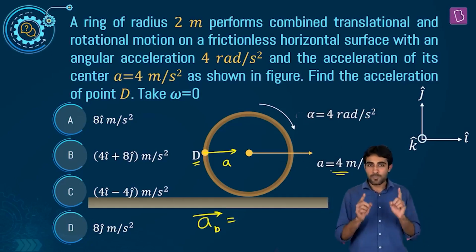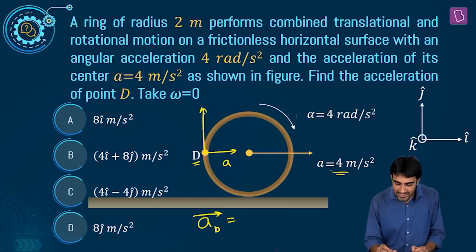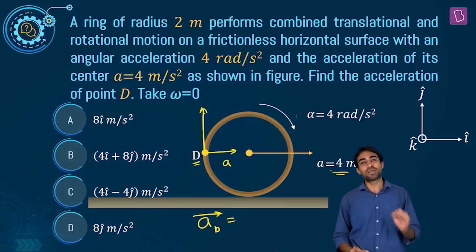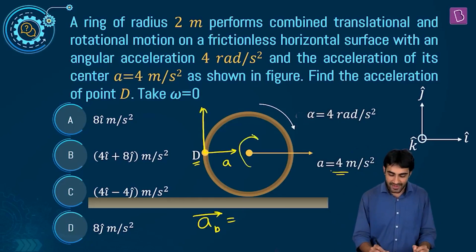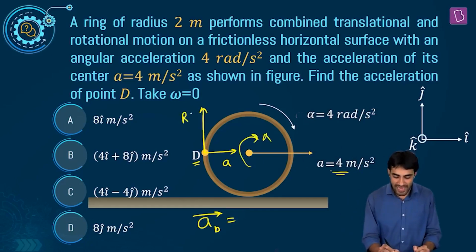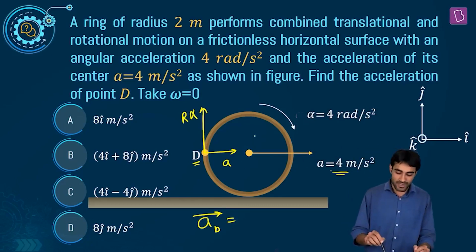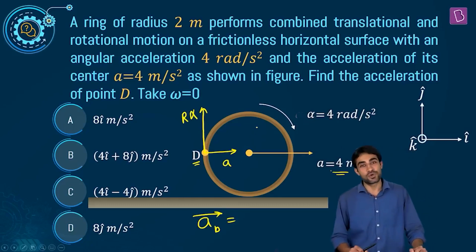Now there is a tangential acceleration of this point. Why? Because the wheel is under an angular acceleration alpha about the center, right? And this tangential acceleration has the value r alpha. So this point is under tangential acceleration.